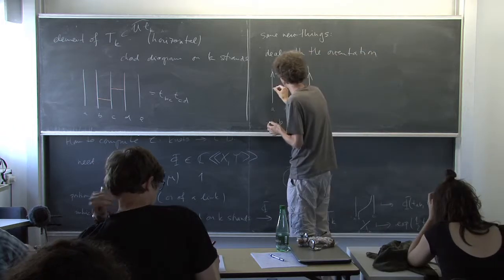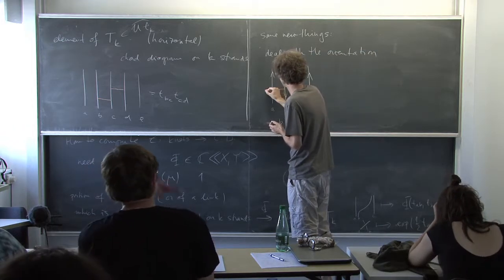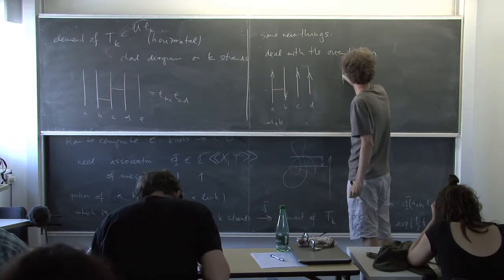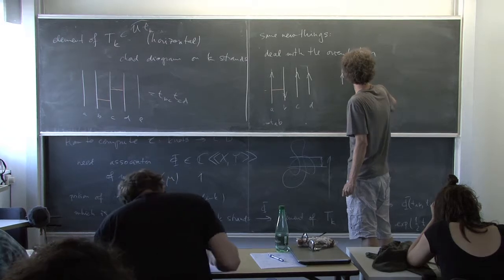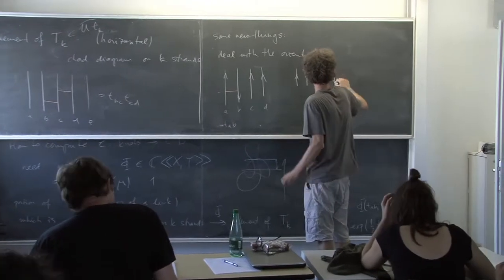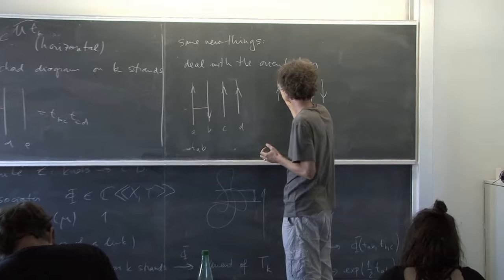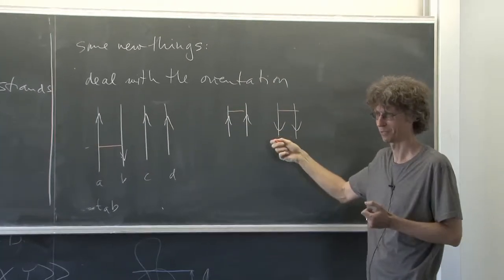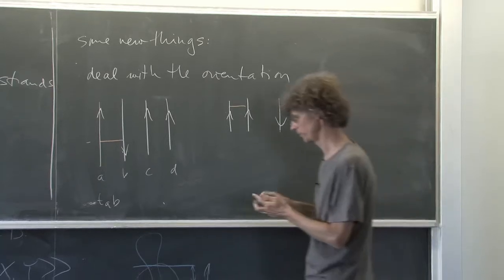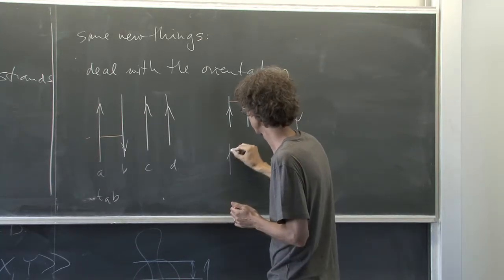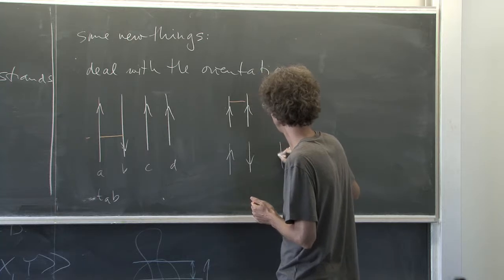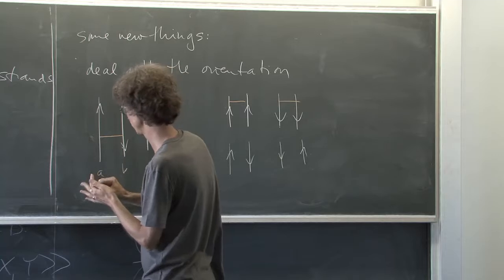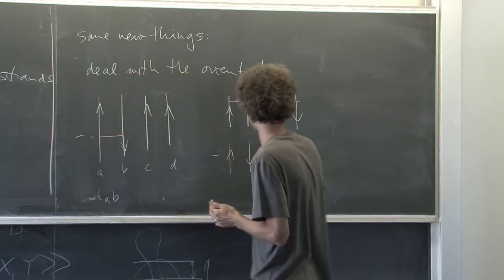So in this case, you're supposed to take this, but with sign minus. Well, if it's like this or like that, then the sign is plus. Or here the sign is reversed twice, if you wish. So that's why the sign is plus. But if it's this way or that way, then it's going to be minus.